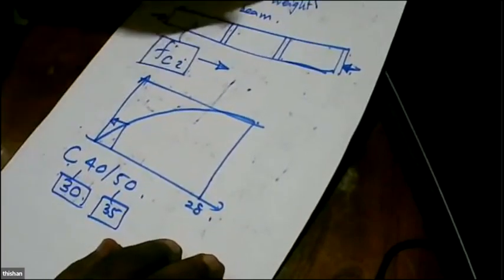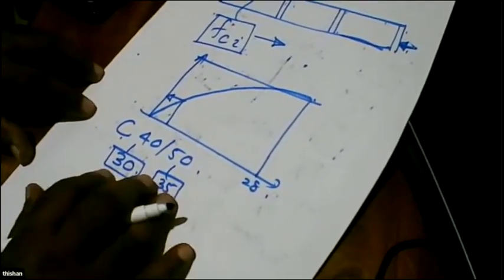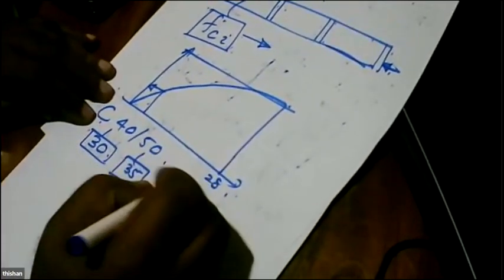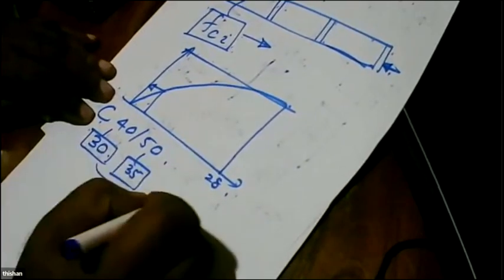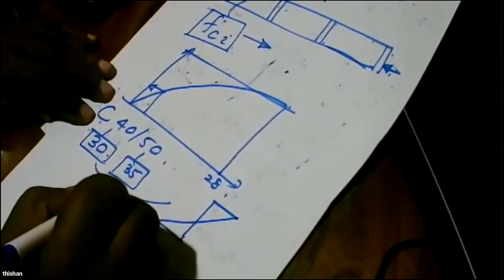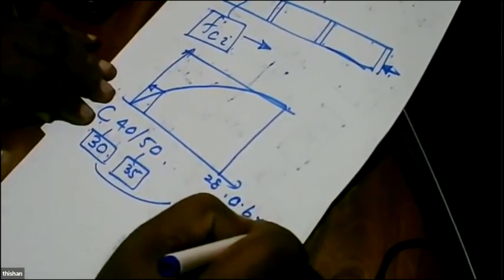Right? So we have to specify a strength. So it's a lower strength. On the lower strength, because these stress diagrams are triangular in shape, we can allow 0.6 times 30.